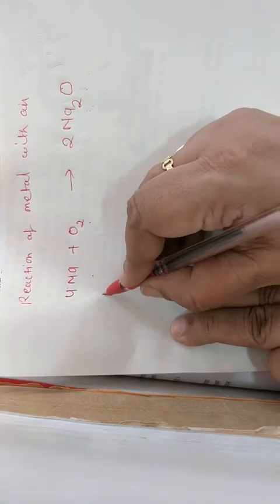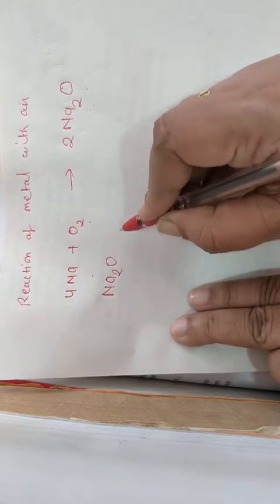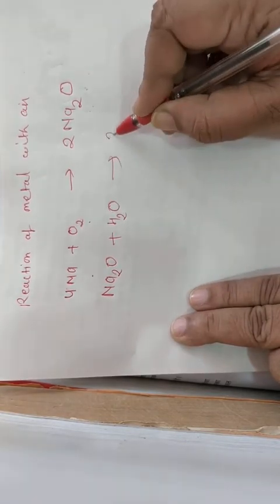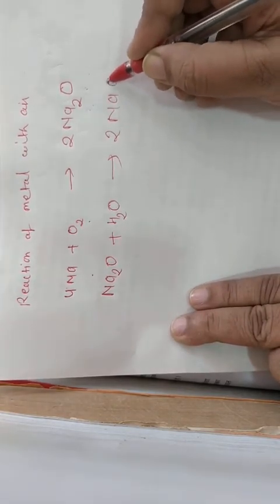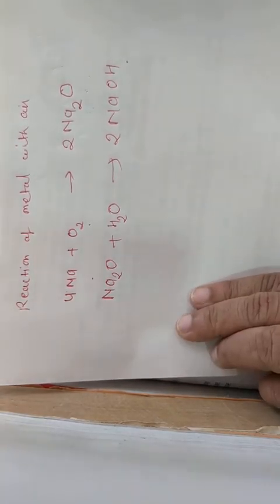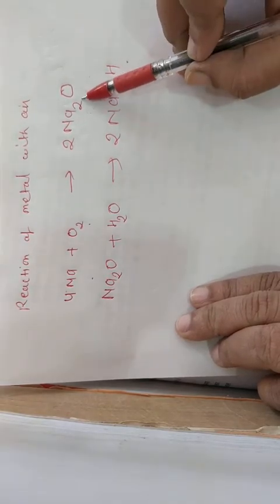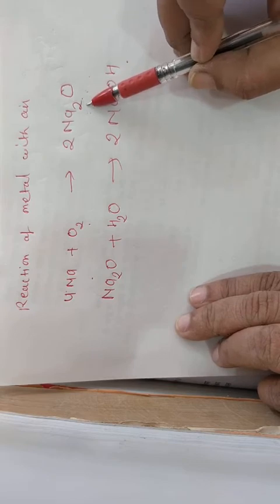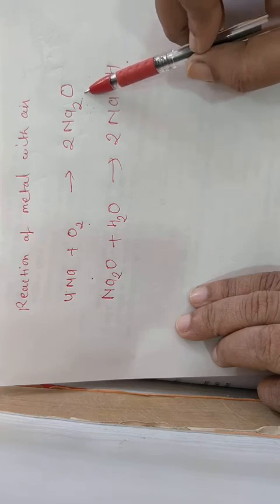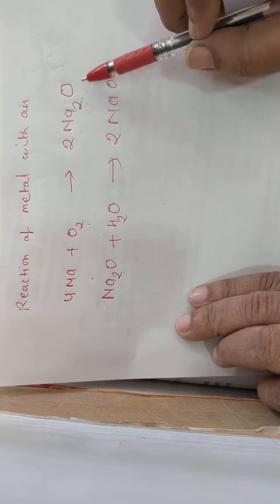And when this oxide, Na2O, sodium oxide, reacts with water, H2O, it forms sodium hydroxide, lithium hydroxide and magnesium hydroxide. This is the reactivity of metals like sodium, lithium and potassium with oxygen and the formation of oxide. Clear? And we keep them in kerosene to prevent the formation of oxide.